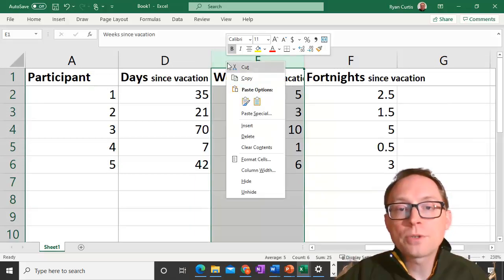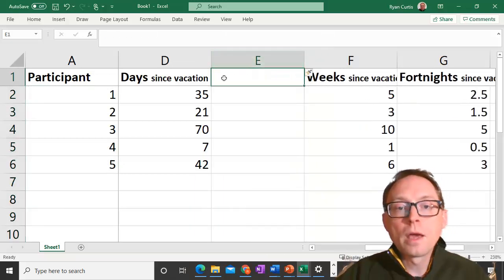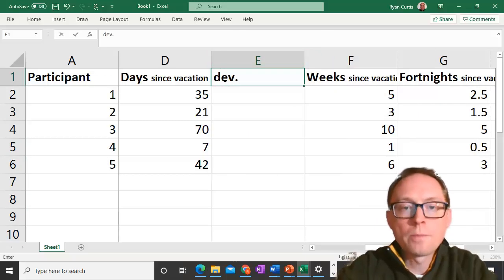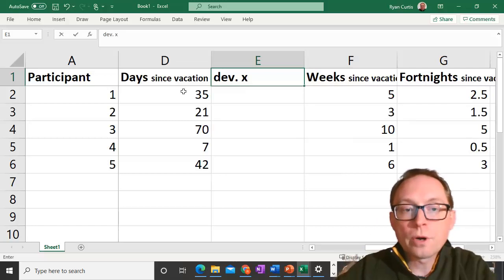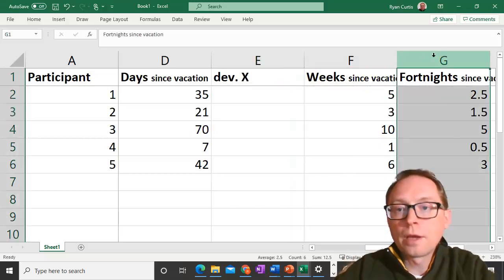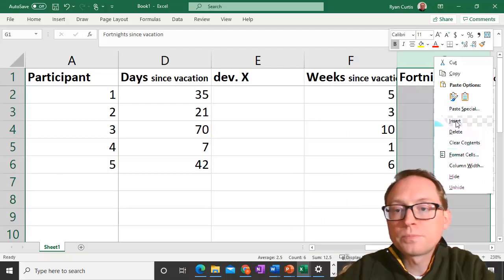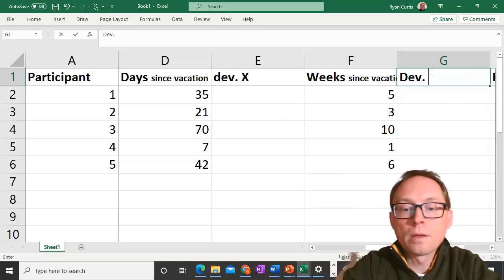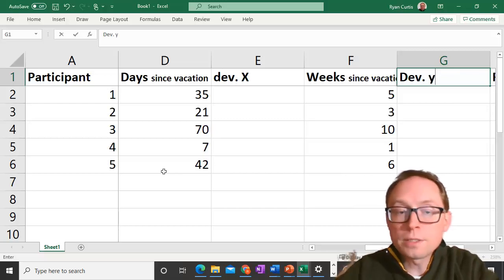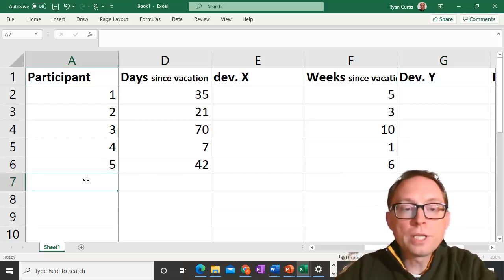So I'm going to insert a new variable here, and I'm going to call this one deviation of x. It's going to be the deviation for the days. And then I'm going to do a new variable right here, and that's going to be the deviation for y. And remember, y is the number of weeks. In order to do this, we have to calculate our deviations, so let's get the mean first.